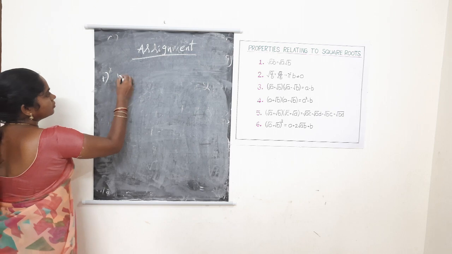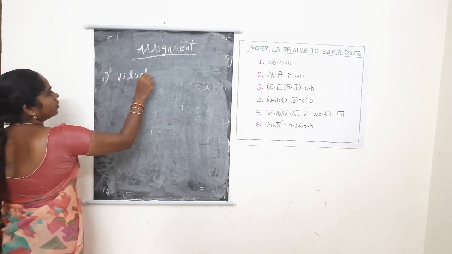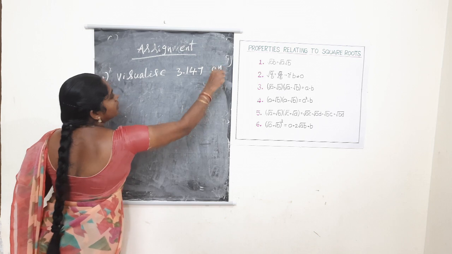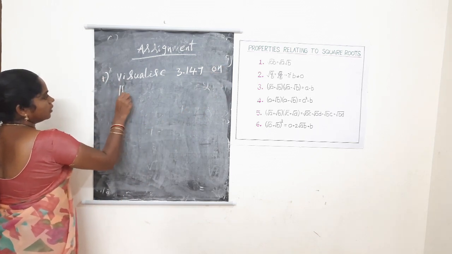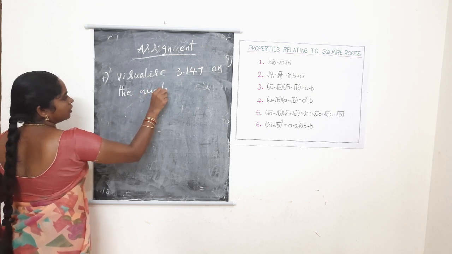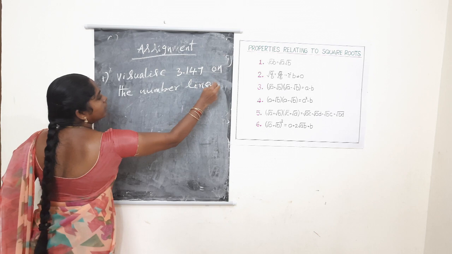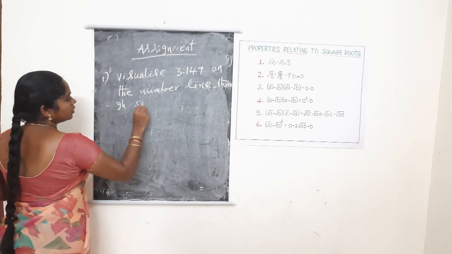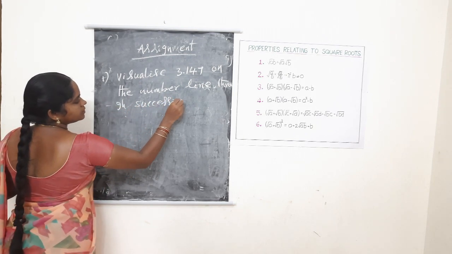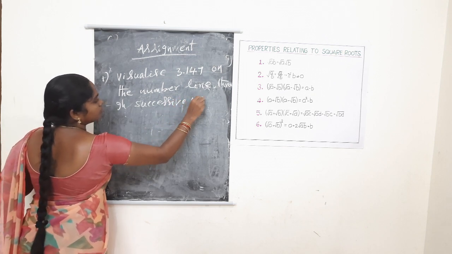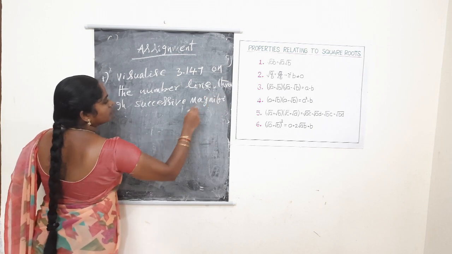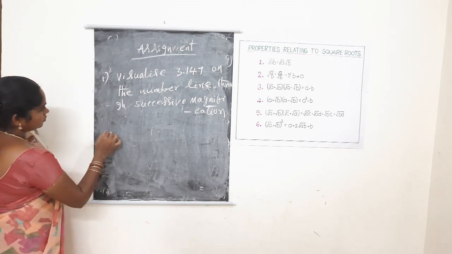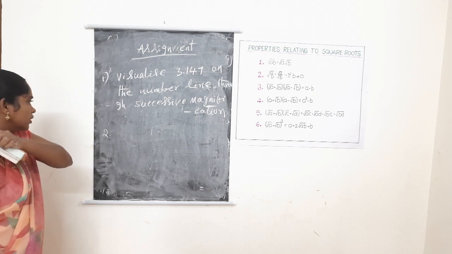First problem: visualize 3.147 on the number line through successive magnification.